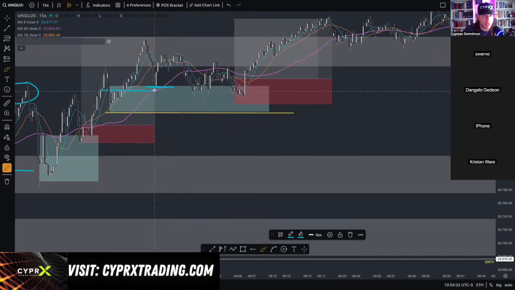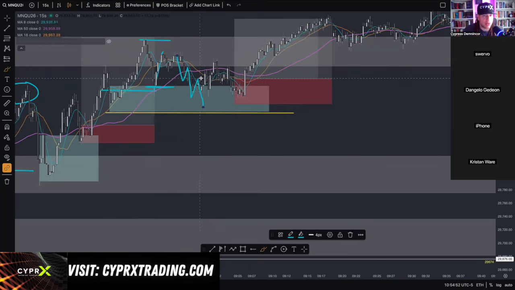So here you can see the initial reaction here did not break previous bearish structure. So it wasn't until here where you can see bearish structures formed. Here's a lower high in comparison to the previous one, lower low, lower high, lower low formation. I said, okay, cool. Now we have clean structure.